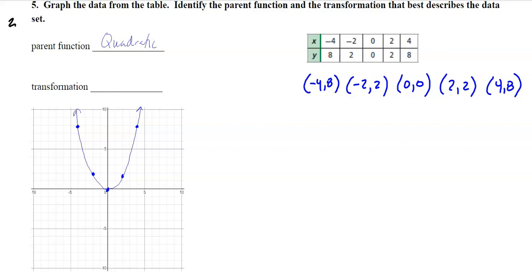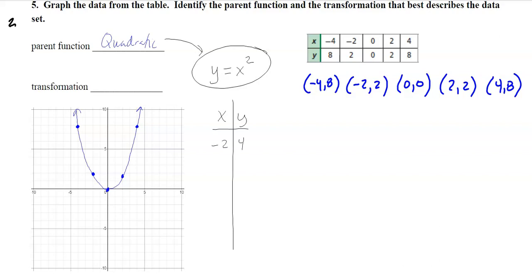You could graph the parent function on here, by hand. Maybe I'll just quickly do it because I know the numbers pretty fast. So there's the parent function. He's the OG, the original quadratic. When you put -2 in, -2 times itself is 4. So left 2, up 4. When you put -1 in, you get 1. When you put 0 in, you get 0, so that actually stayed the same.